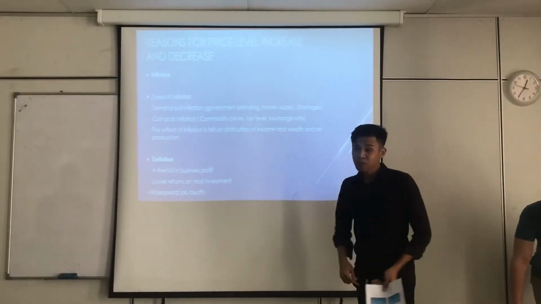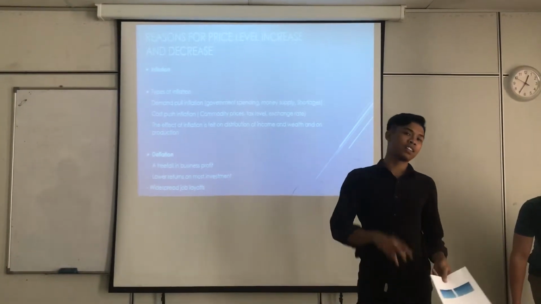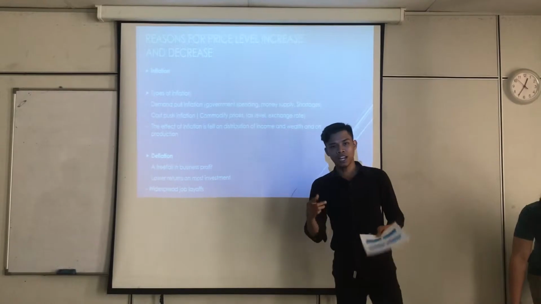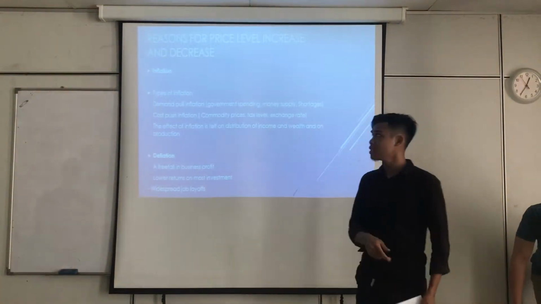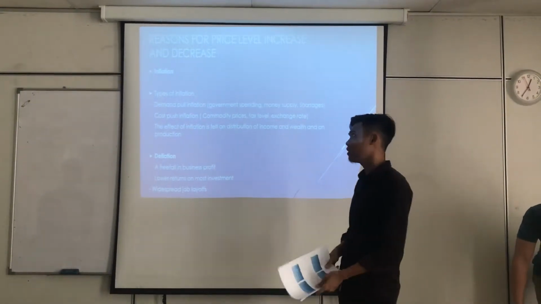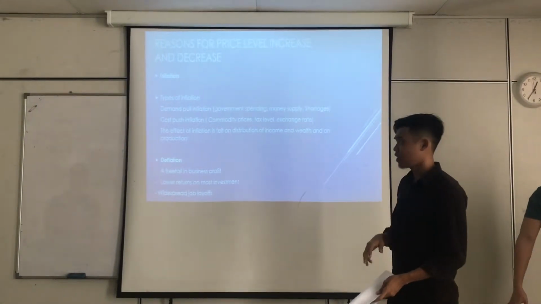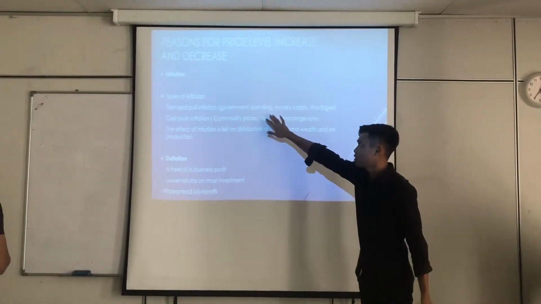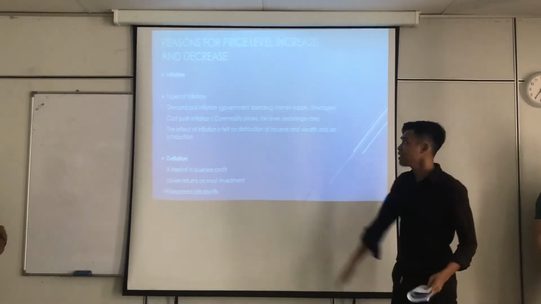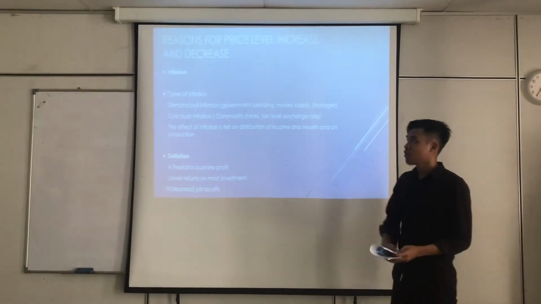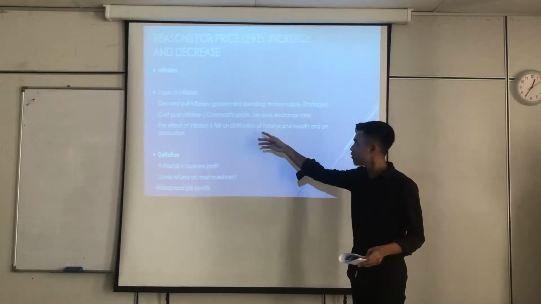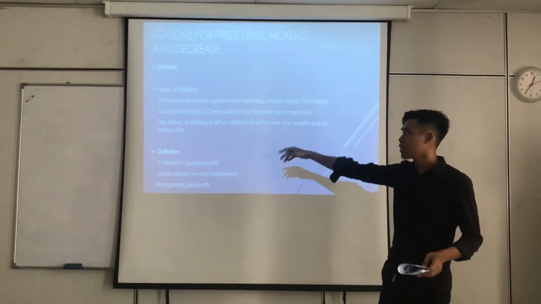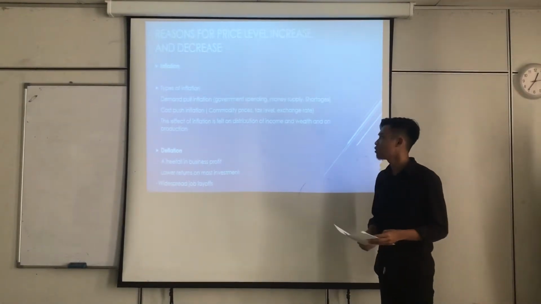Okay, the reason for the price level increase and decrease, they have two: inflation and deflation. So for the inflation, types of inflation, they have three. Demand pull inflation, which is, for example, government spending, money supply and shortage. For the cost push inflation, they have three also: commodity price, tax level, and exchange rate.